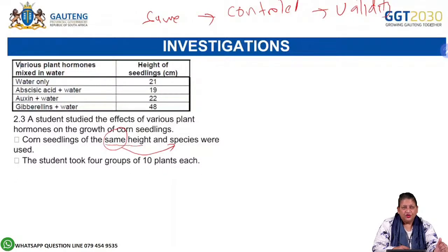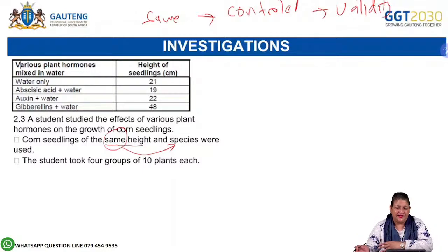Then, so he had corn seedlings, same height, same species. Then he took 4 groups of 10 plants each. So basically, he took your corn seedlings and he divided it into 4 groups. Always picture what the scientist is doing. He took corn seedlings of the same height, same species, and he put them into 4 groups. And each group had 10, which means there's 40 corn seedlings.